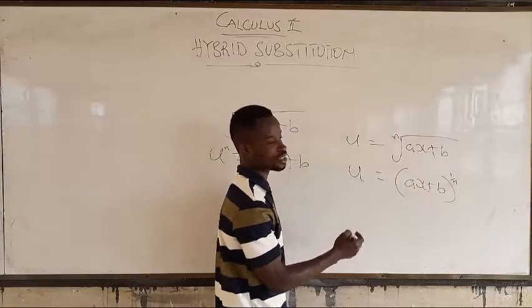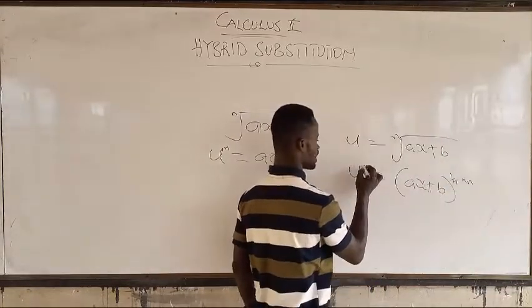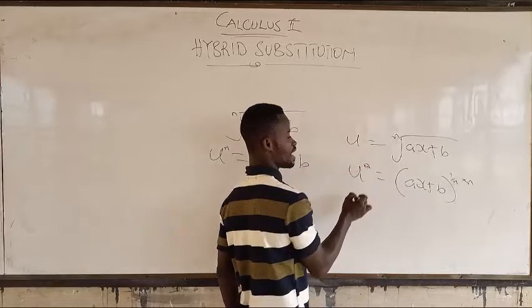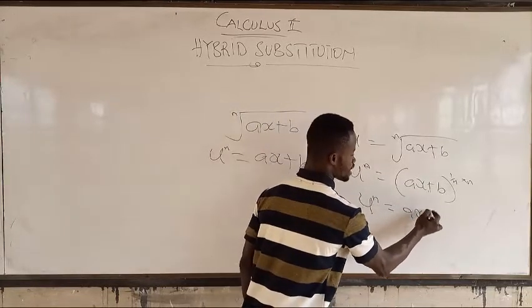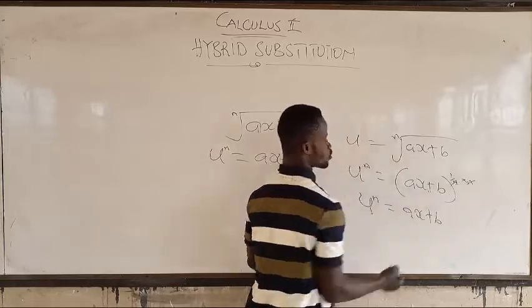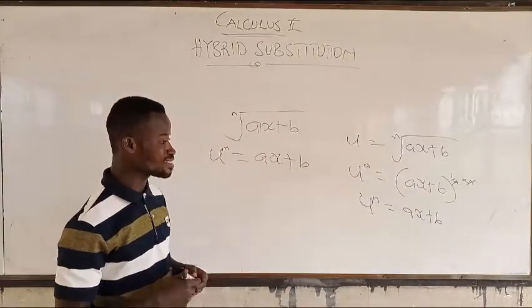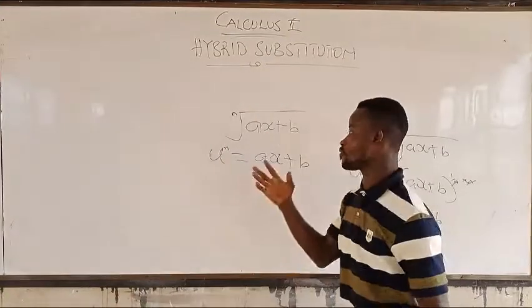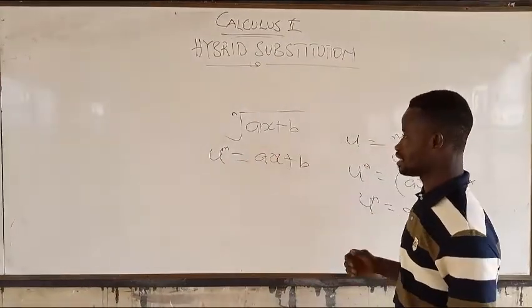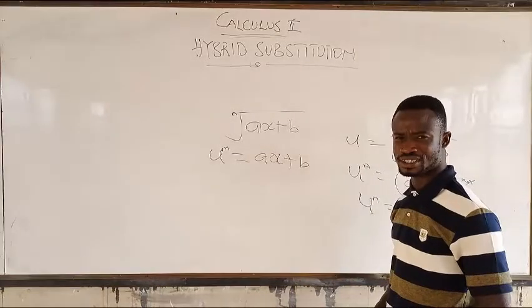For you to remove the root, you multiply both sides by n, so you get u raised to the power n is equal to ax plus b, whereby the root vanishes. It's still the same idea, but you get a straightforward result this way, and you're almost done with the work.